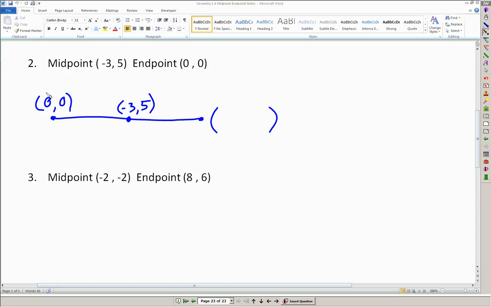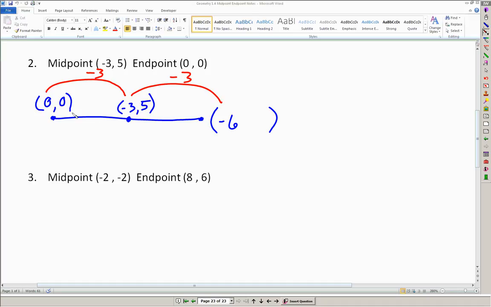Where do the x's go? From 0 to -3, we are subtracting 3. So we will subtract 3 more. We go the same distance because the midpoint's in the middle. Each section on each side of the midpoint is the same, so that distance traveled is the same. -3 minus 3 is -6.